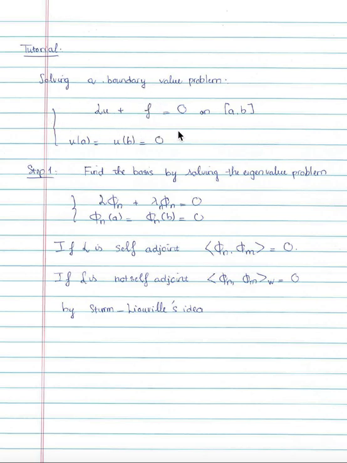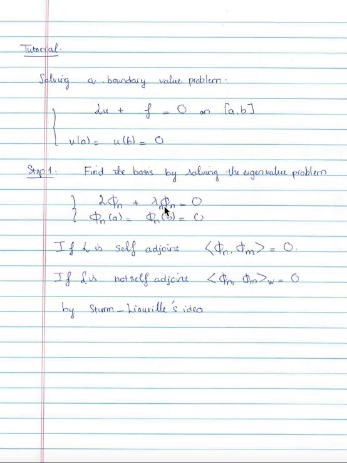To solve this problem, we have three steps. The first step is to try to find the basis of the solution space. In order to find the basis, we need to solve the eigenvalue problem. We take this operator L, we try to find a function phi n such that there is a number lambda n.